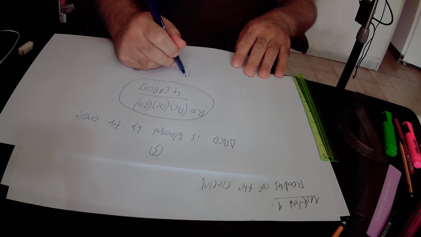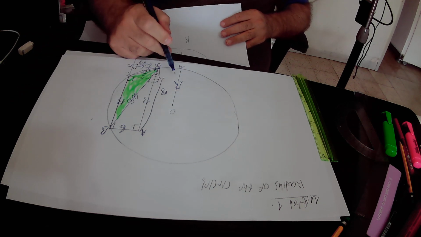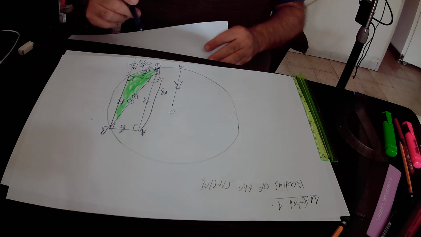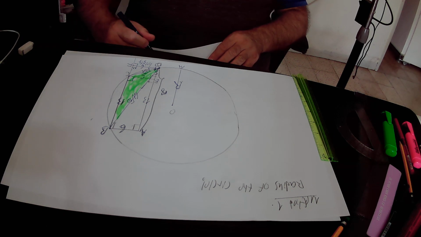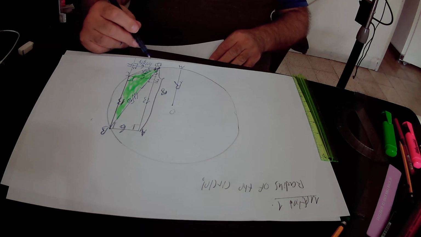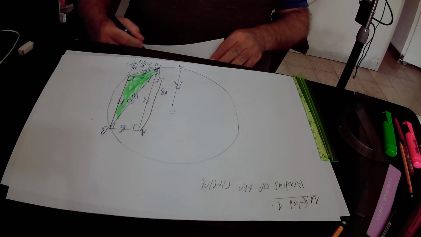So the radius that we are looking for of this circle, that is to say capital R, will be equal to BC times DC times BD over 4 times the area of the green triangle BCD. BC equals 13 units in its length, so we substitute BC by 13. DC equals the square root of 61, so we substitute DC by the square root of 61.